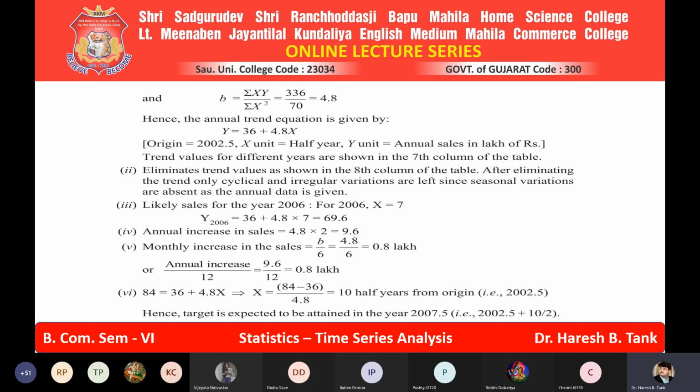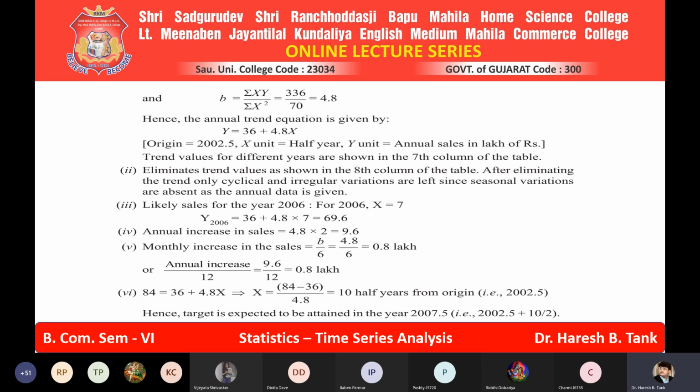If you just simplify this equation, you will get the value of X as 10 half years from origin 2002.5.